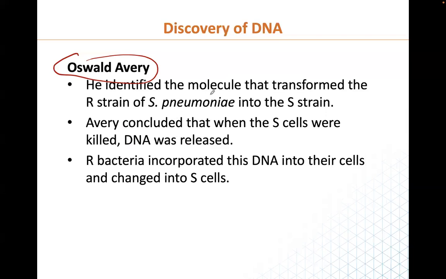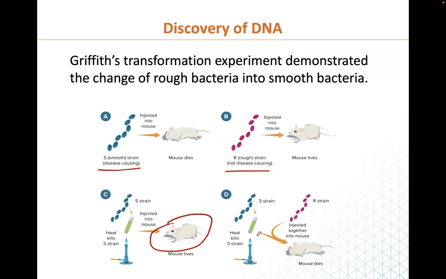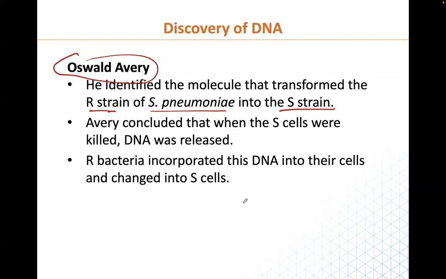Avery identified the molecule that transformed the R strain of S. pneumoniae, the bacteria used in the experiment, into the S strain. So what transformed the non-disease-causing strain into the disease-causing strain was a specific molecule. Avery also concluded that when the S cells were killed, DNA was released.